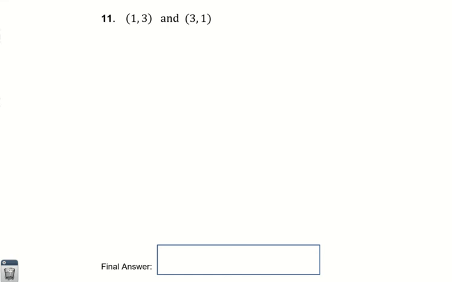This is the same basic strategy. If I want to make an equation, I'm going to use this formula. But to plug into this formula, I need a point, which I have 2 points. So I got an extra point. I got a point and one extra. But I also need m.